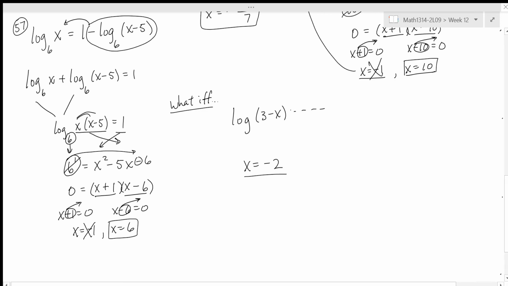But if later over here I see equals log x, then we have a problem. Because now when I plug that in here, it makes me take the log of a negative number, and now it's in violation. Do y'all understand the difference? Okay, if you plug it back in and it makes you take the log of a negative number, that's when it fails.